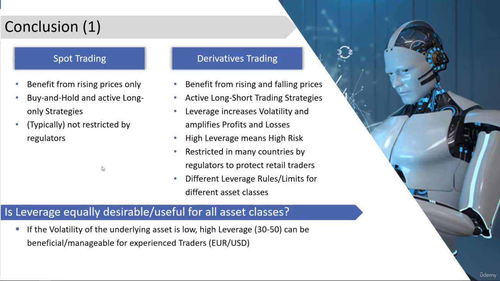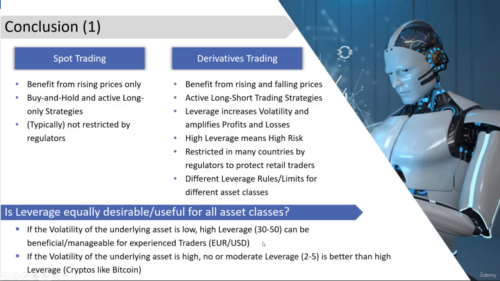And for example, this means that if the volatility of the underlying asset is low, then a high leverage of 30 to 50 can be beneficial and also manageable for experienced traders. And let me just highlight here the two words: experienced traders. And one example of an underlying with low volatility is the currency pair euro US dollar.